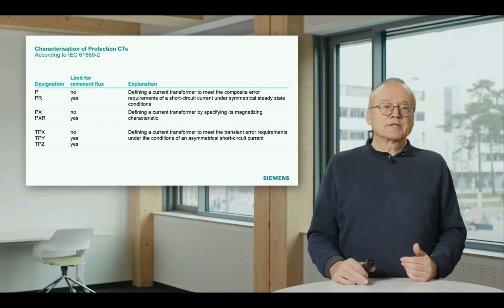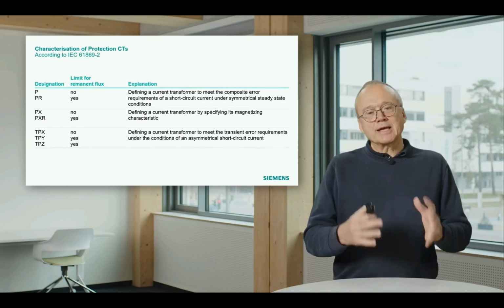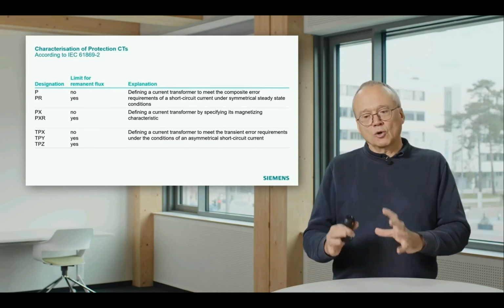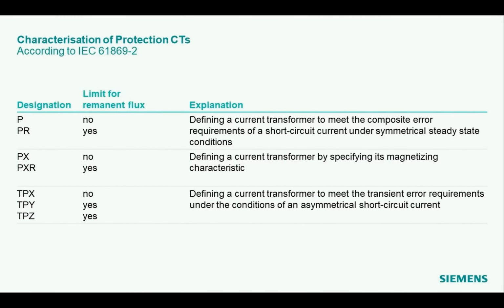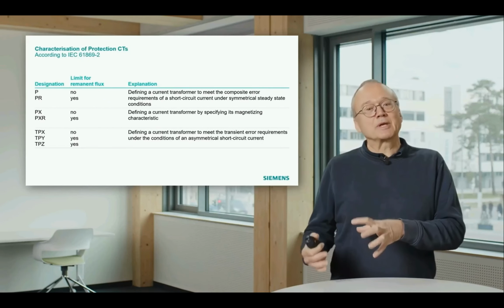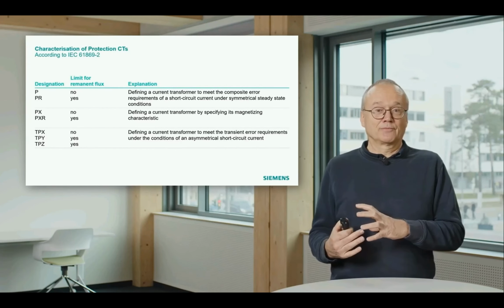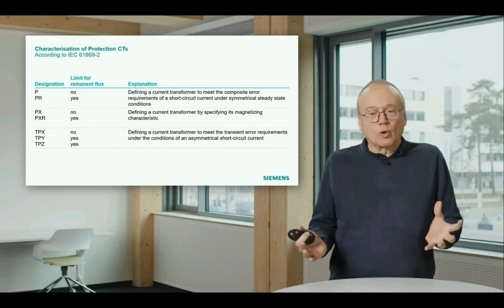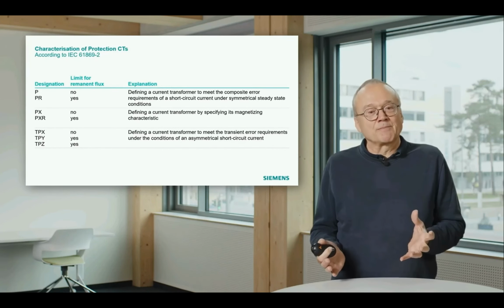The TPX additionally has error limits defined for transient conditions, which is basically better for us because then we know how the current transformer behaves under transient conditions. And in protection, we always have to deal with transient conditions.